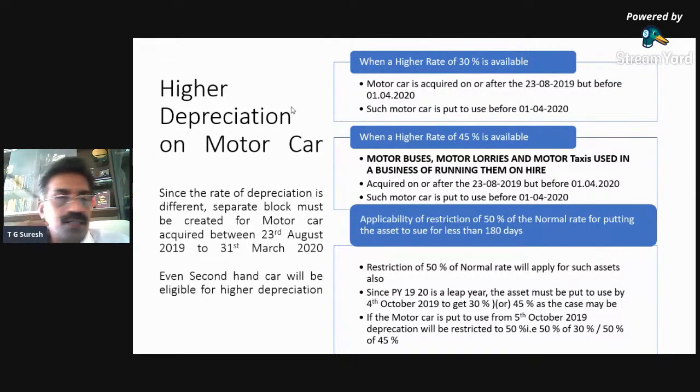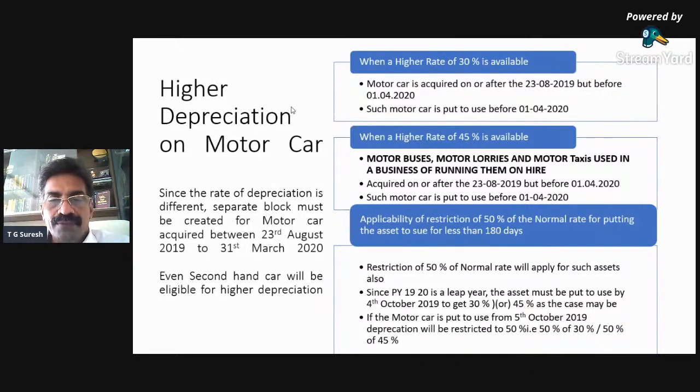So the higher rate of depreciation was given for normal motor cars at the rate of 30%. For motor cars, buses, lorries, which are run in the business of running it on hire, for Ola or Uber, you will get 45% depreciation.